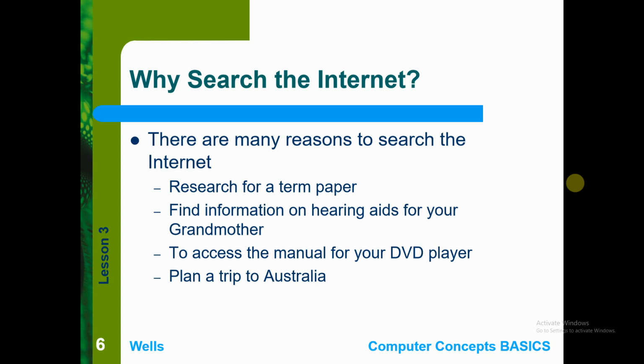And also planning our trips, for any online bookings, we use the search engine to look for hotels and establishments where we can stay. For example, for a specific trip to Australia, there are also websites online that can give us suggestions for our trip.